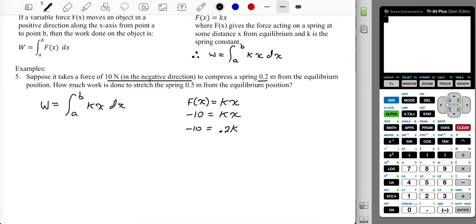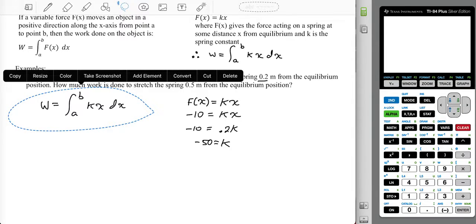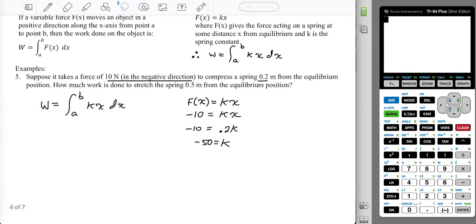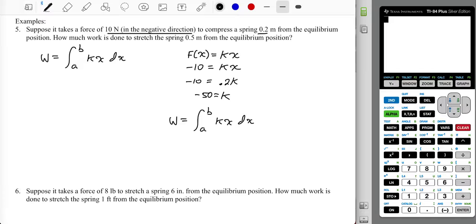So multiply both sides by 5, and you get -50 is equal to k. That would be our spring constant. Now we could pop that into our work model, knowing that the k value is -50.